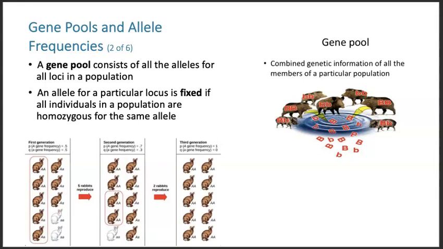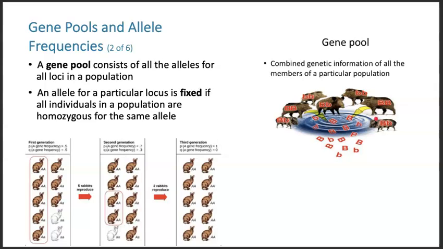Another term that's really important to understand when we're talking about the math of evolution is the gene pool. The gene pool consists of all the alleles for all the loci in a population. Remember, loci is plural for locus, and a locus is just a location on a chromosome.